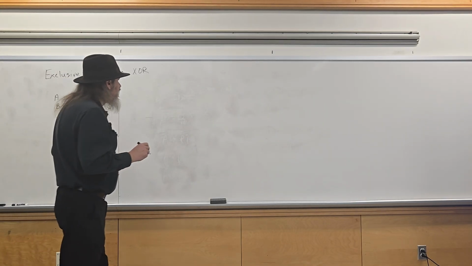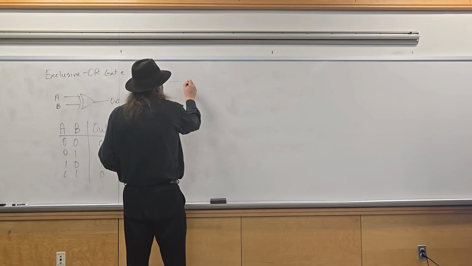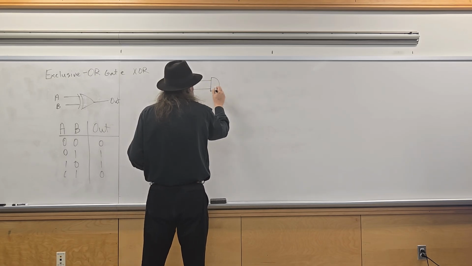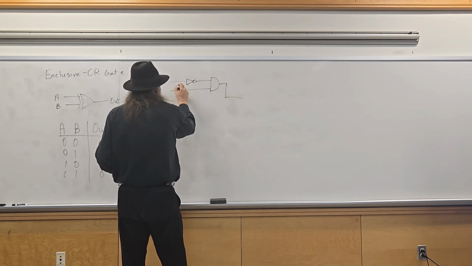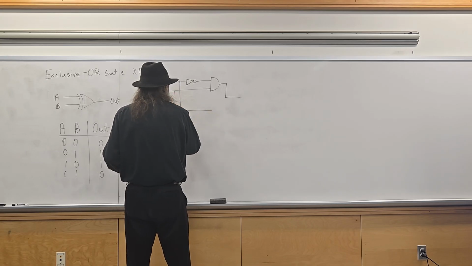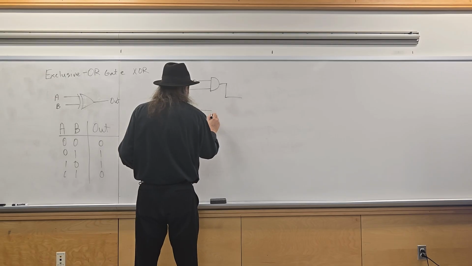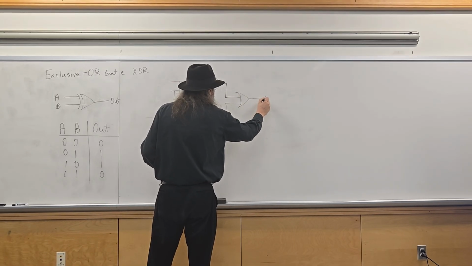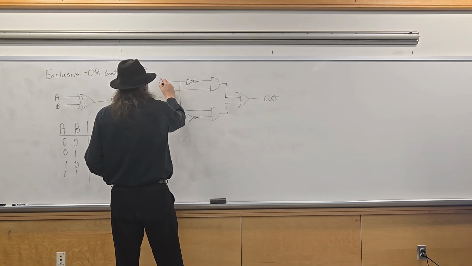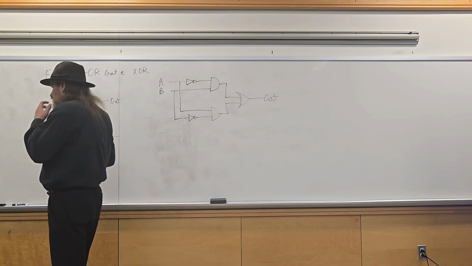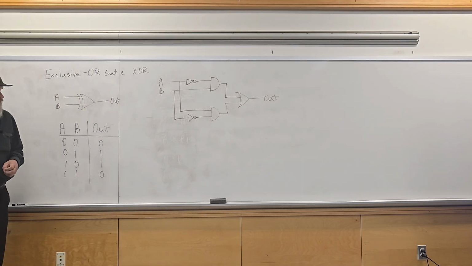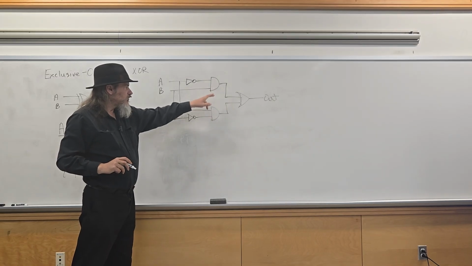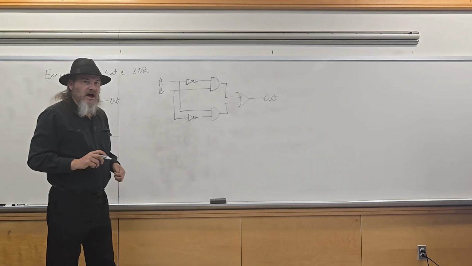This can be implemented in a variety of different ways. One way: if the inputs are different, then one of these two AND gates will be triggered, and then the output will be triggered to be high as well.